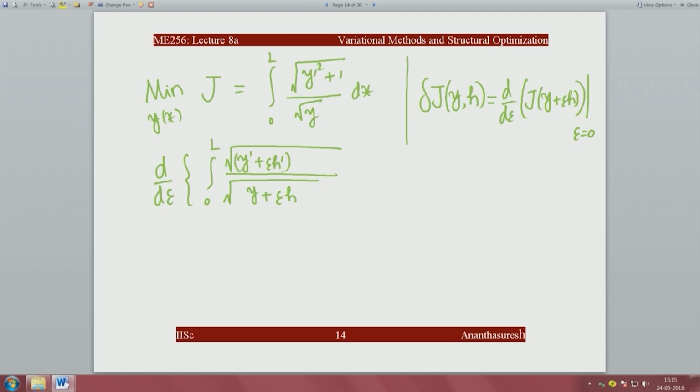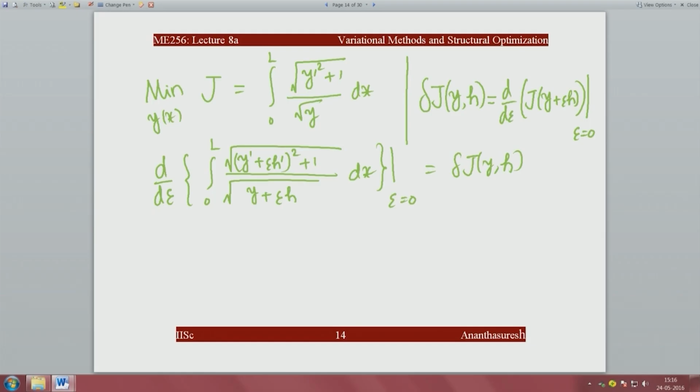So, y prime should be replaced with y prime plus epsilon h prime. Epsilon is a constant with respect to which we are taking the derivative, squared, plus 1, dx. Okay. This is our Gateaux variation. So, when we substitute epsilon equal to 0, that becomes our Gateaux variation. Okay. Gateaux does not have epsilon because epsilon tends to 0, right.